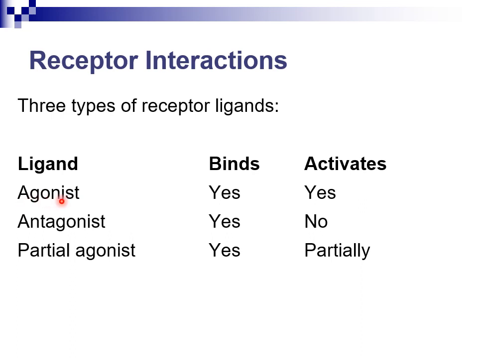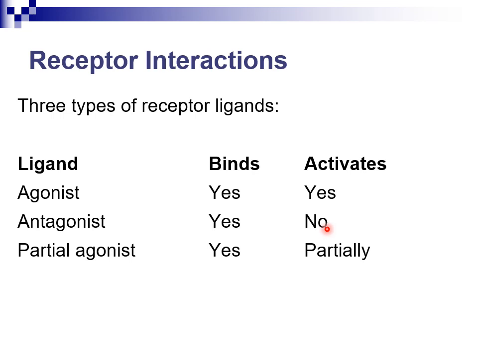Now, a compound that's called an agonist is a drug or an endogenous substance that binds to the receptor and activates it. It makes something happen. An antagonist, on the other hand, is a compound, a ligand that binds, but it does not activate the receptor. Okay?